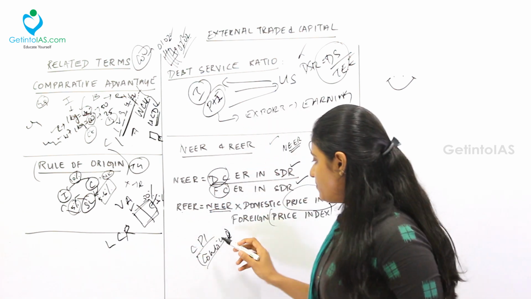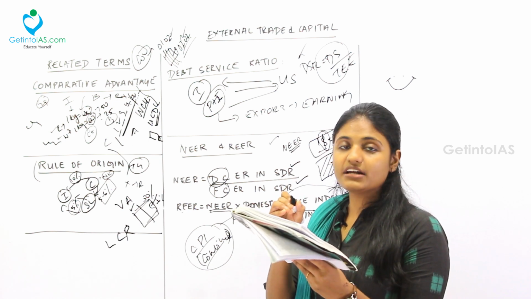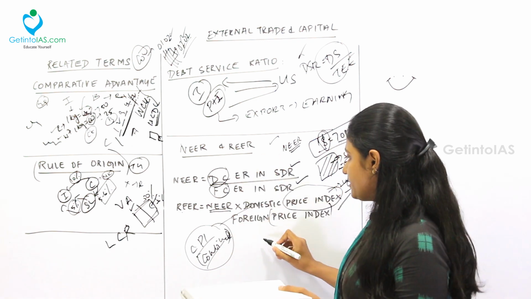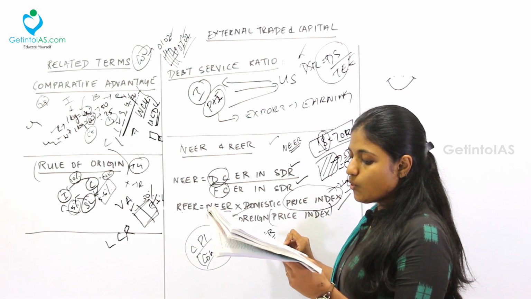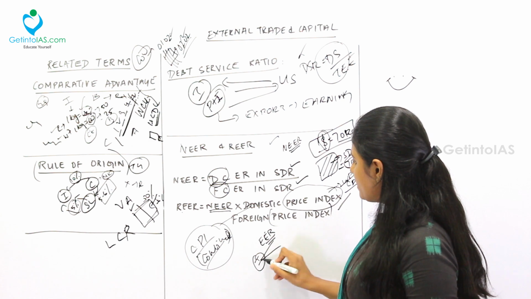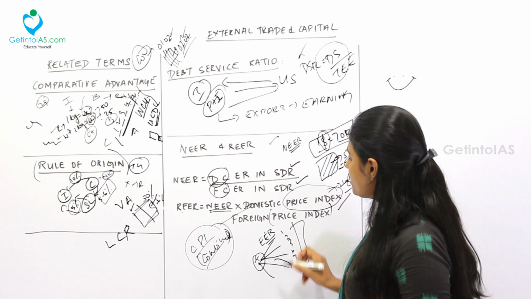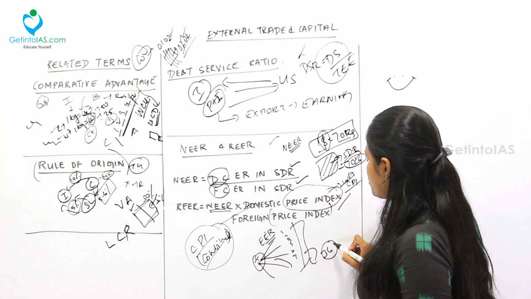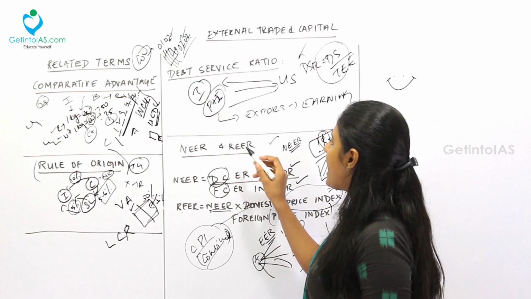For example, India is trading with many countries. Under that, the top 6 countries will be taken into account, and the next EER is below that, where there will be another 36 countries. So, under that the exchange rate will be calculated. So, this is all about NEER and REER.